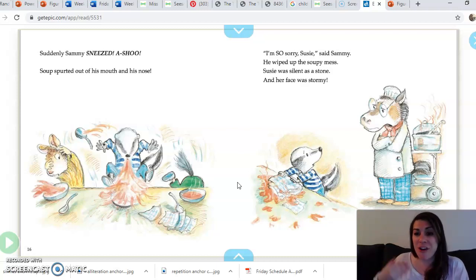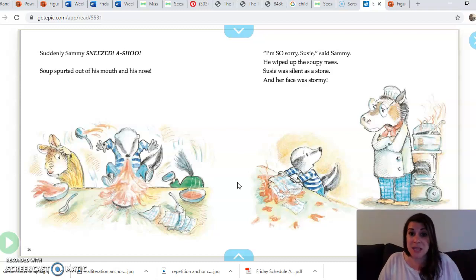Right here, there are fantastic examples of figurative language. We start off with that alliteration. "So sorry, Susie," said Sammy. They all have that sound. And then we go into "Susie was silent as a stone." Those are similes and metaphors. When I'm using "as," it's a simile.